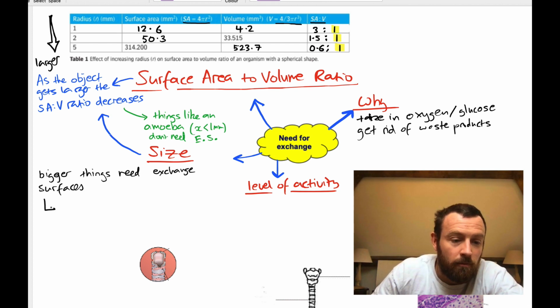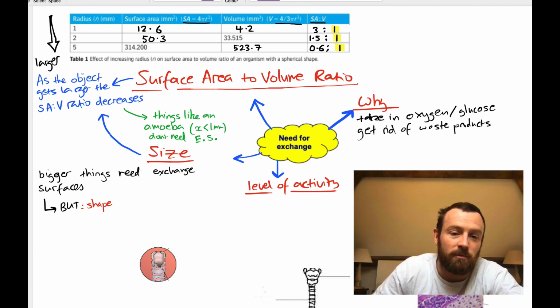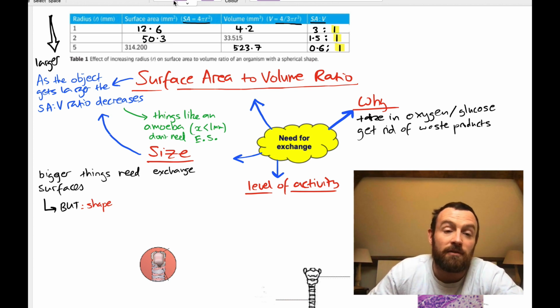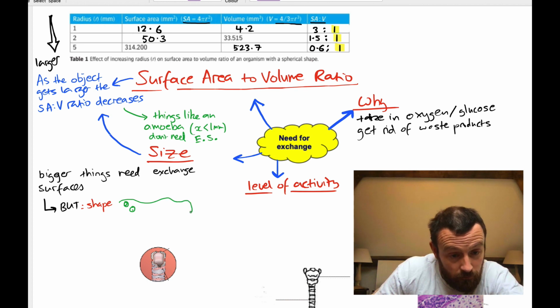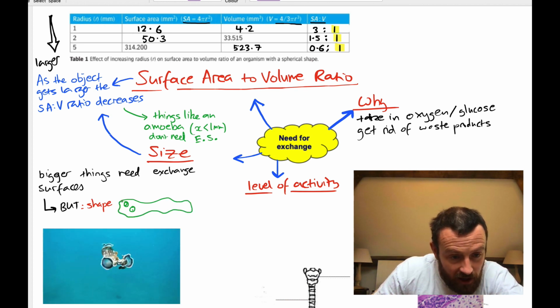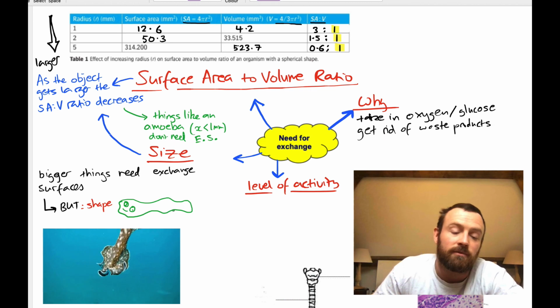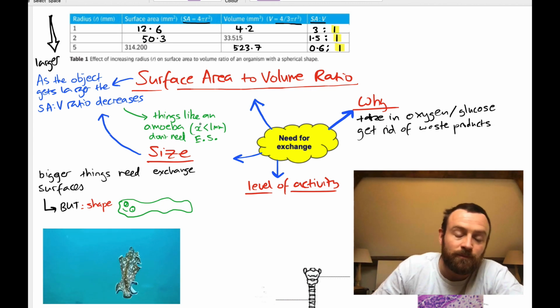And there's a little but here. Okay, sometimes shape can affect it. Okay, so shape. This is kind of to do with surface area to volume ratio, actually, because things which have a flat shape have a larger surface area to volume ratio than if they are perfectly spherical. So I'm going to try and draw a very bad, cartoony drawing here of a flatworm. Flatworms don't have eyes like this, but I'm just drawing it so that it's kind of cartoony. This is a flatworm.